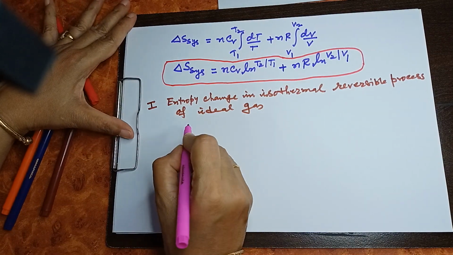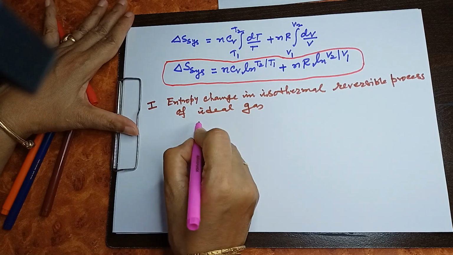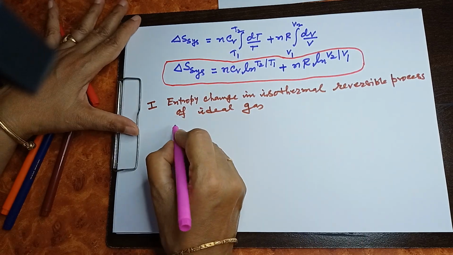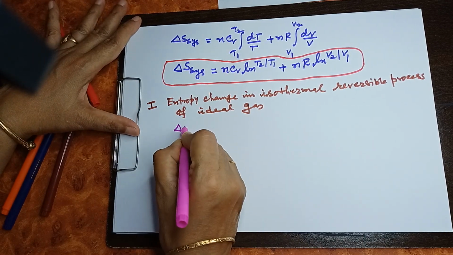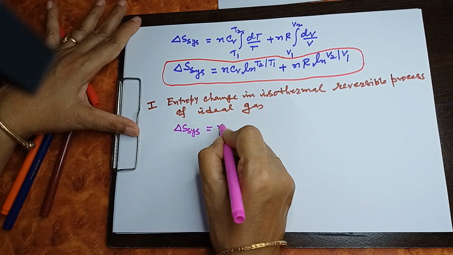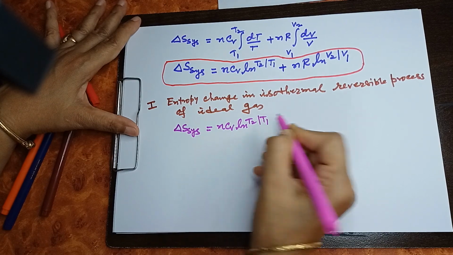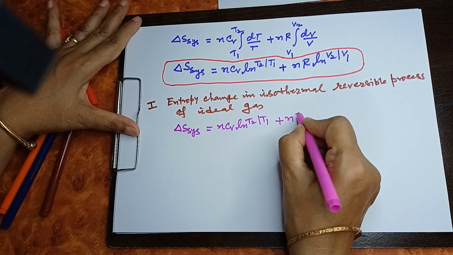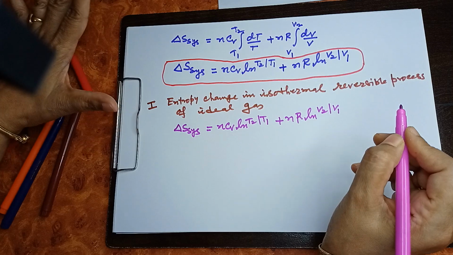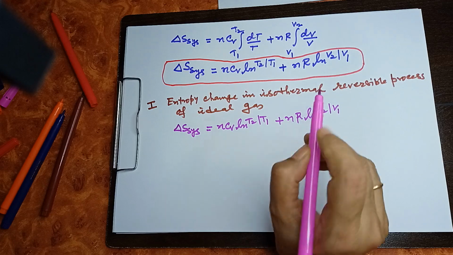The entropy change of this system, what we can write from this equation, is delta S system equal to nCv ln T2 by T1 plus nR ln V2 by V1. Right? Now this process is isothermal.